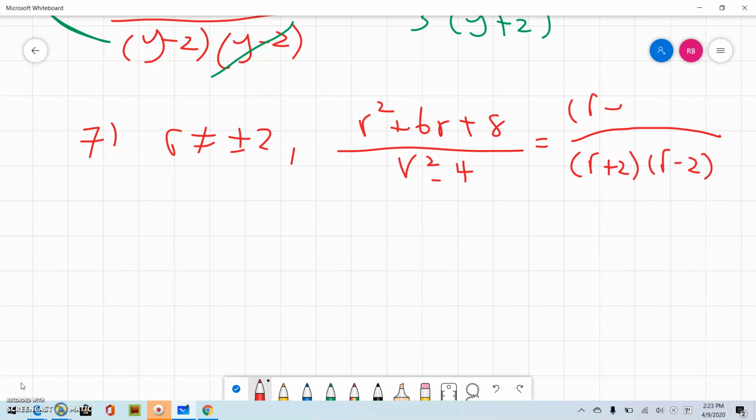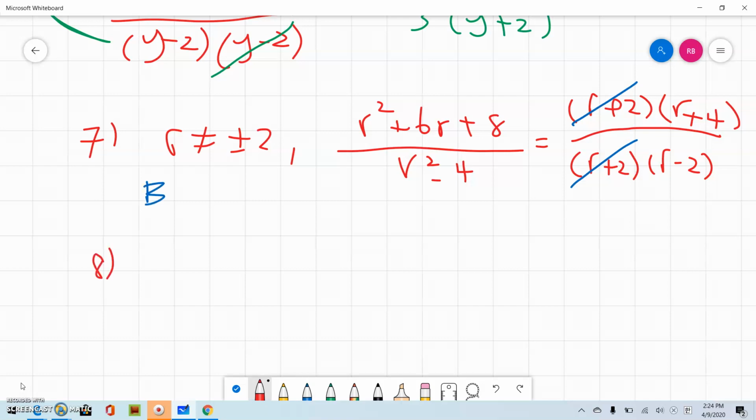So obviously, you can't have minus 2 or positive 2 as your domain, because that will make the denominator 0, and we can't have that. So once the r plus 2 cancel each other, the answer is B, right?